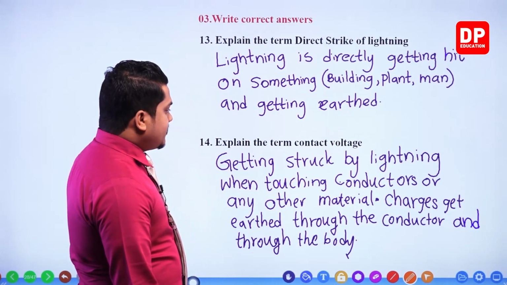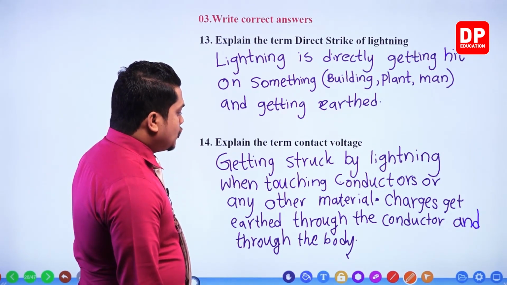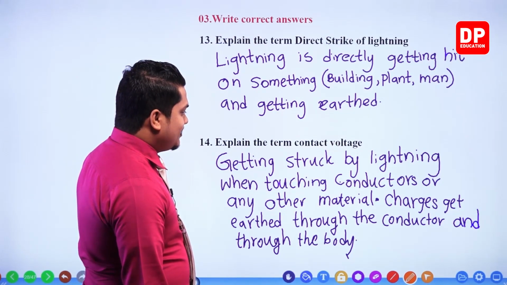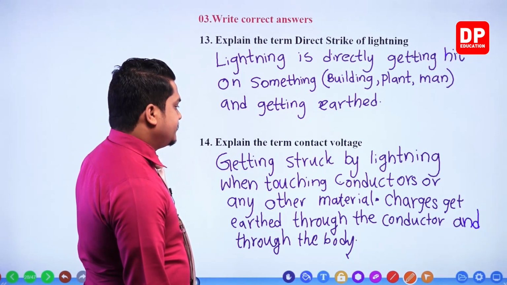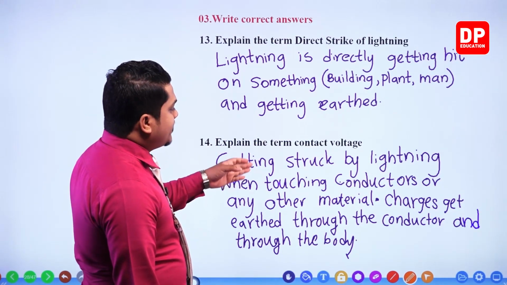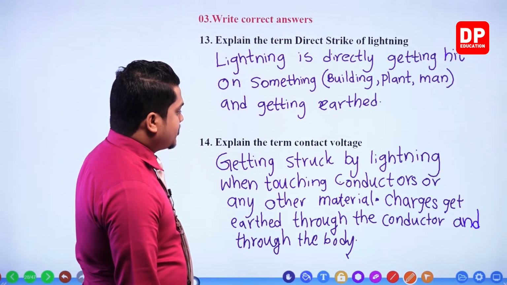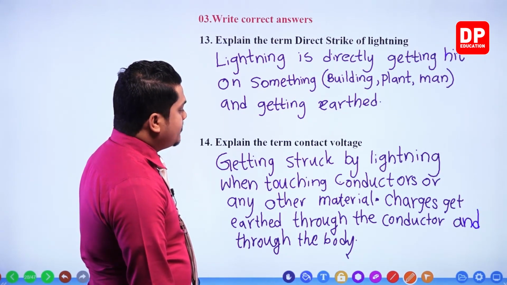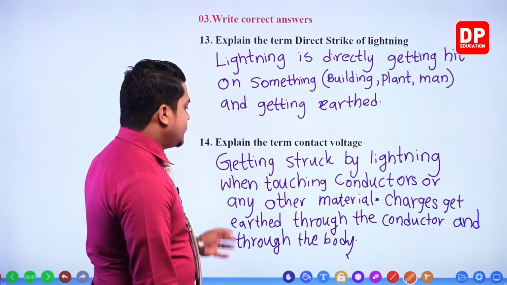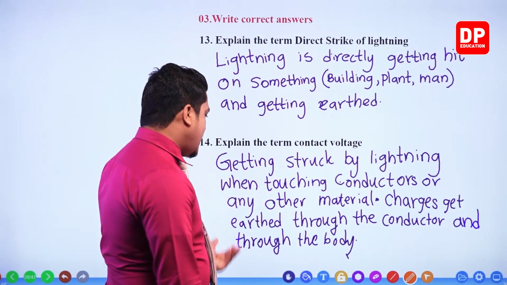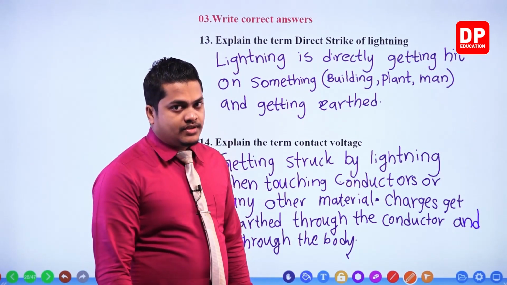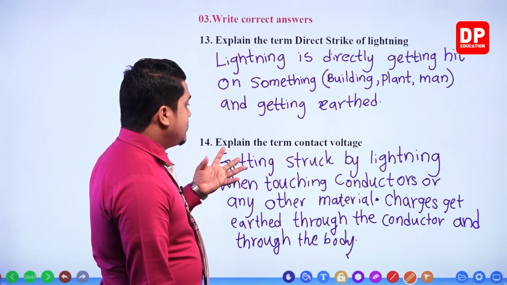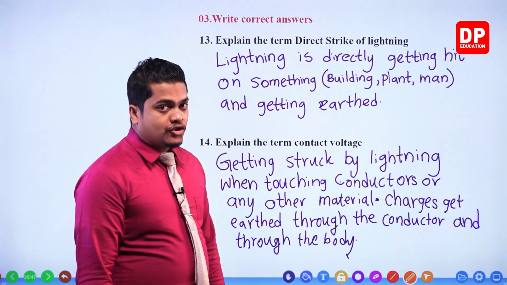Then charges get earth through the conductor and through the body, right? So this is what you mean by a contact voltage.